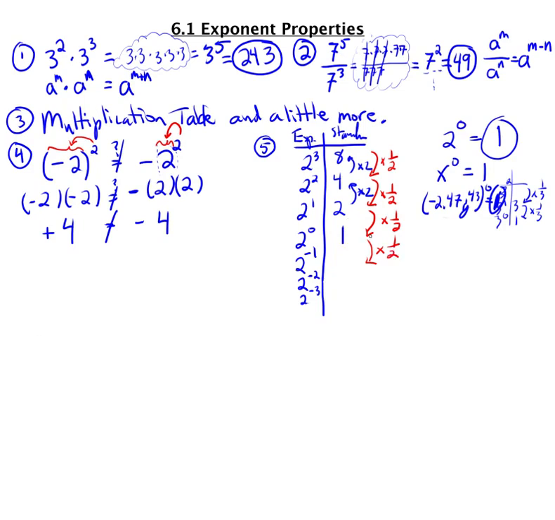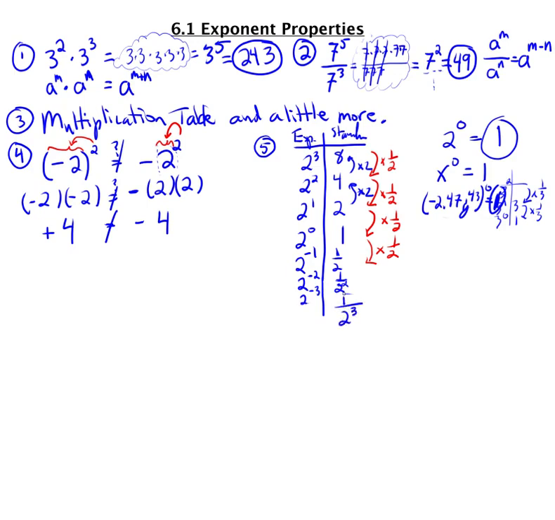But 1 times 1/2 is 1/2. 1/2 times 1/2 would be 1/4. Or, since we're in exponent land, let's use 1 over 2 to the second power. And 2 to the negative 3 would be another times 1/2, so that would be 1 over 2 to the third power.